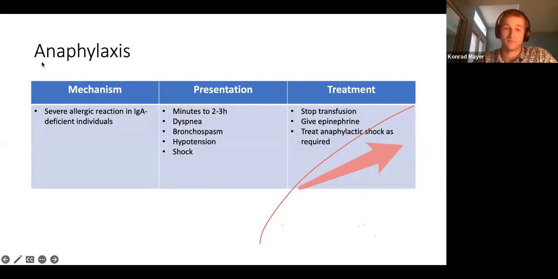The treatment for an allergic reaction so severe that it is anaphylactic is to stop the transfusion, administer epinephrine like any anaphylaxis, and treat the anaphylactic shock as required. It might require respiratory support. This depends on their symptoms. As I said, this mainly happens in IgA deficient individuals who have IgA antibodies against the IgA that is administered to them in the blood transfusion.